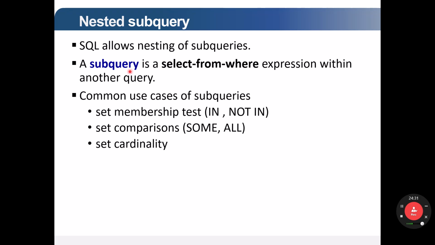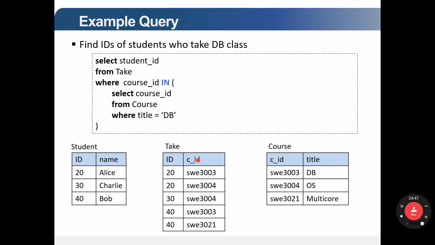And this subquery can be used in the from clause, or it can be used in the where clause. Let's talk about the in operator and not in operator later with some examples. So consider this. This is the simplest nested query. We want to find IDs of students who take a database class.